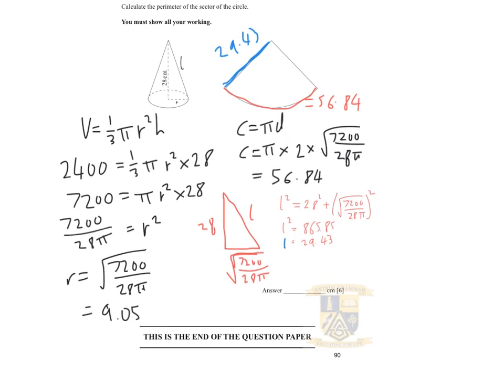So the perimeter P equals the arc length, 56.84, plus 2 of the radius, so 2 lots of 29.43. 29.43 times 2 plus 56.84 gives you 115.7 to 1 decimal place.